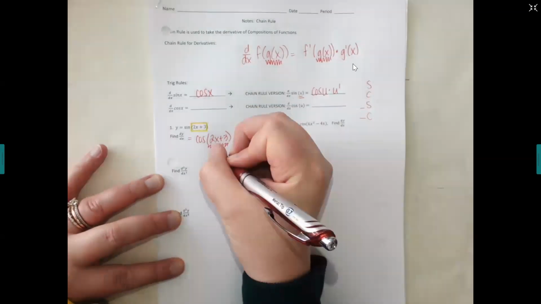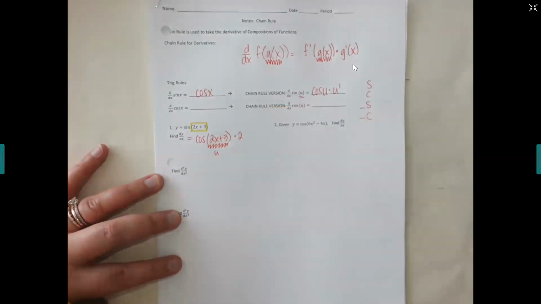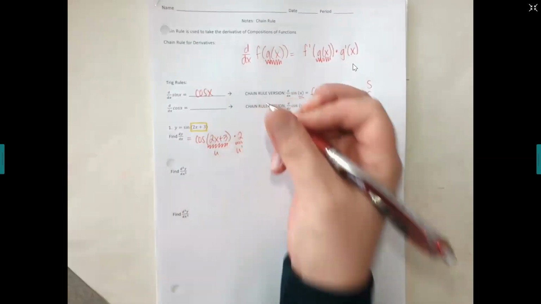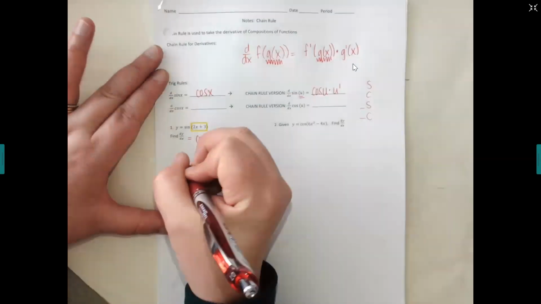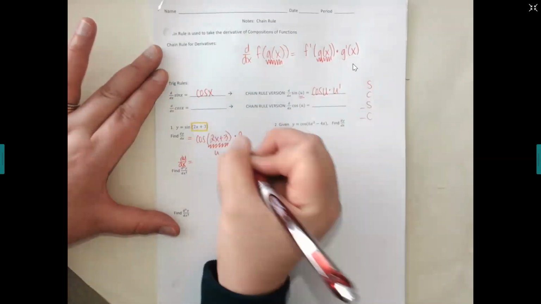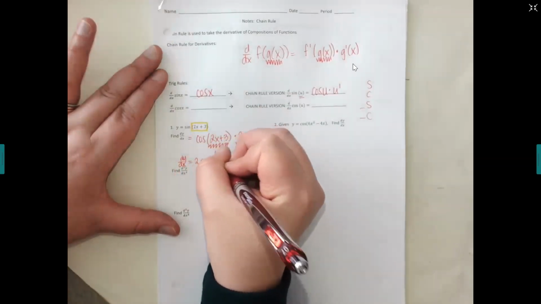So the derivative of 2x plus 3 would be times 2. So that would be your u prime. So you keep your cosine of u exactly the same middle part that it was, times the 2 behind it. So my dy dx, I'm going to rewrite this here, would be cosine 2x plus 3 times 2, or 2 cosine 2x plus 3.